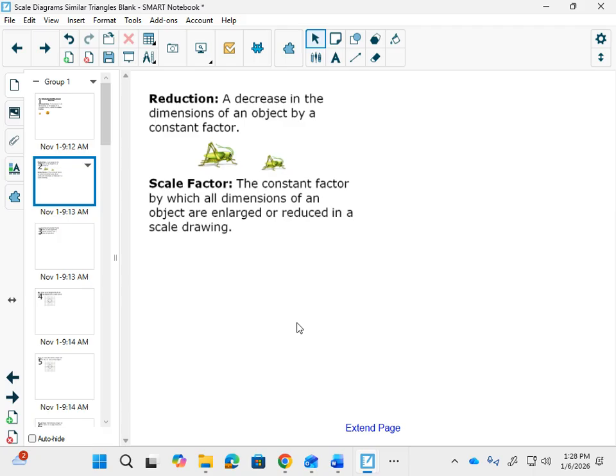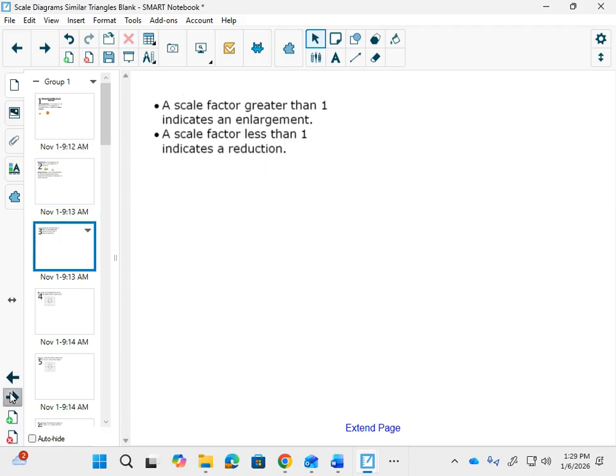So the opposite of an enlargement is a reduction, where you take something and make it smaller. I don't know if the grasshopper is the greatest example because the grasshopper is pretty small already, but a map would be a great thing that you would need to make smaller. Okay? So, a scale factor is the constant factor by which all dimensions of an object are enlarged or reduced in a scale drawing.